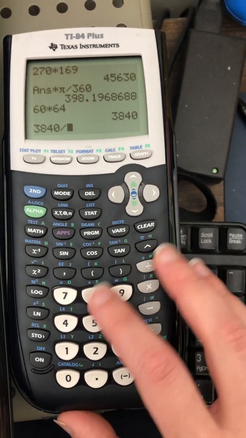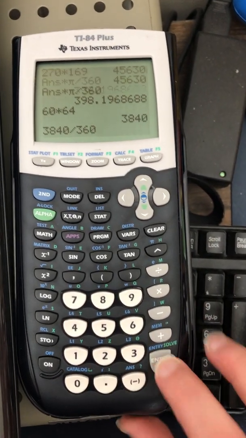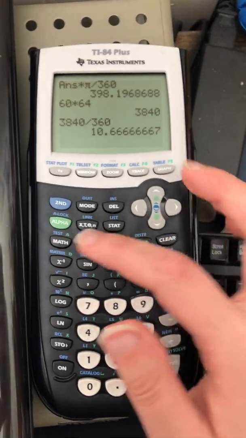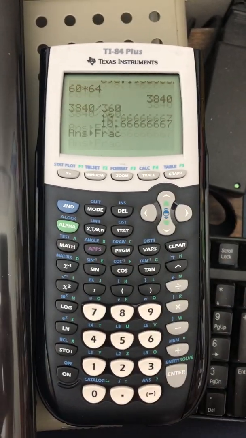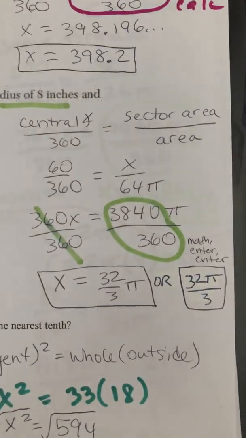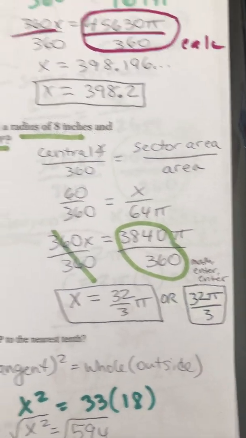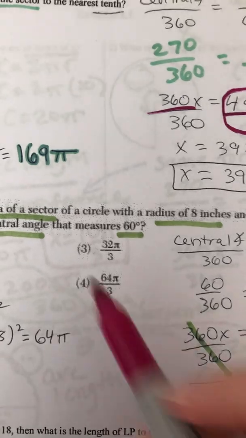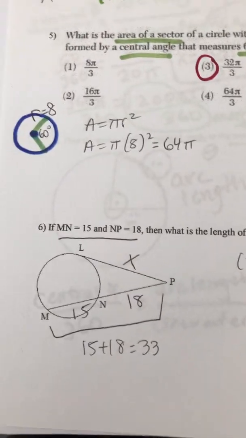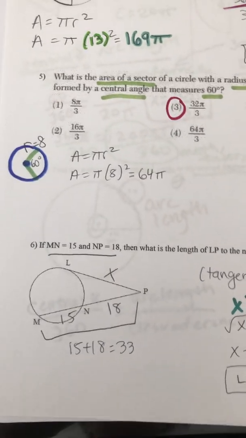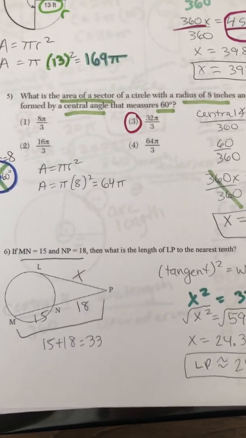Okay, that's a decimal. We should do math enter to get it back into a fraction form. 32 over 3 pi, or 32 pi over 3. Here we go. Answer choice 3.